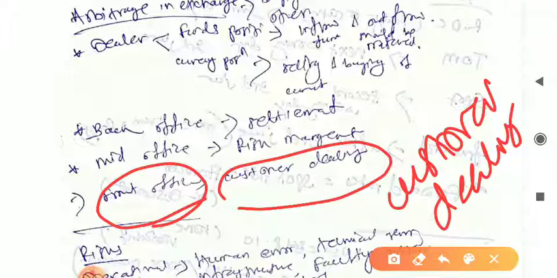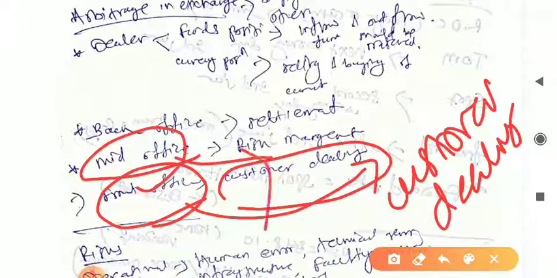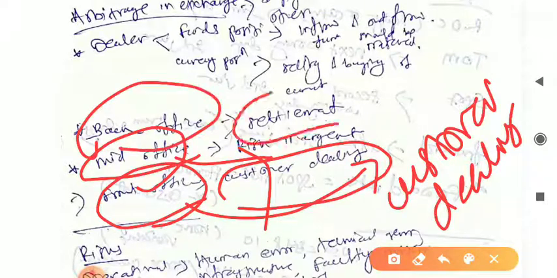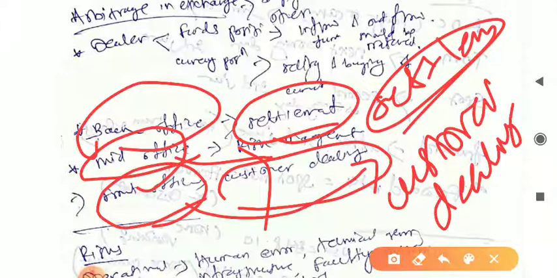Front office will do the customer dealing, middle office will do the risk management, and back office will do the settlement work. So this is the basic idea and also very important with respect to exams.